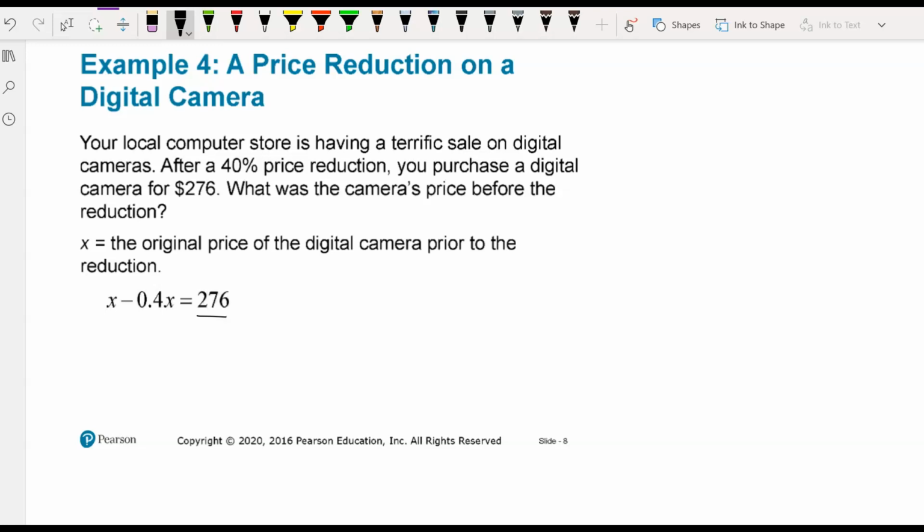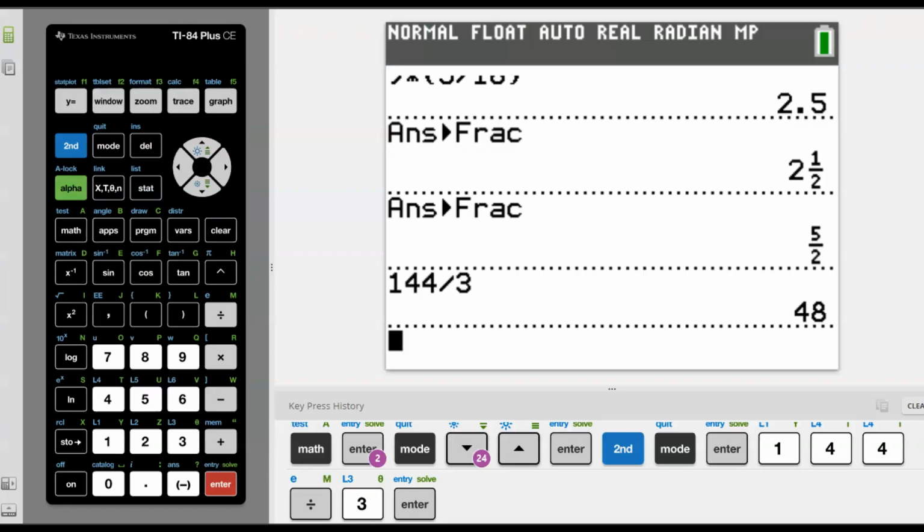So when it had that 40% off, you paid $276. So we want to find out what the price was originally that you took that 40% from. So we have x minus 0.4x. So you would do 1 minus 0.4 in your calculator.